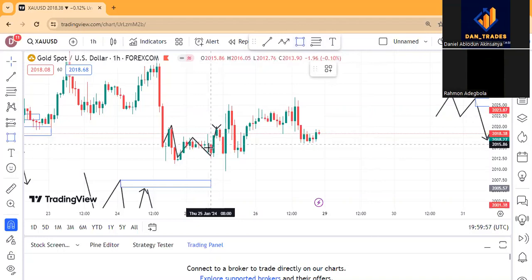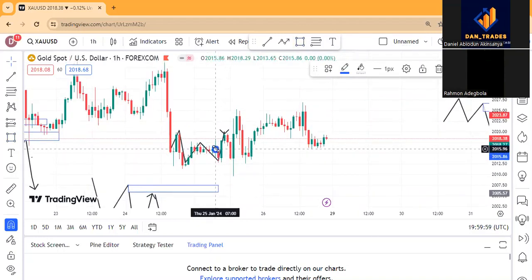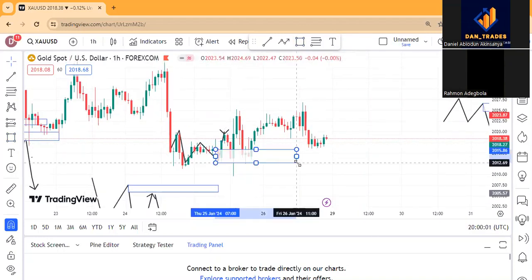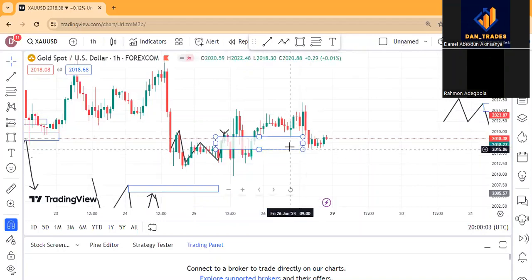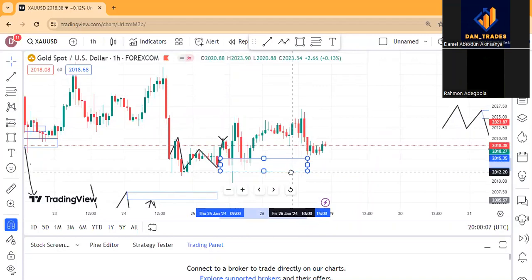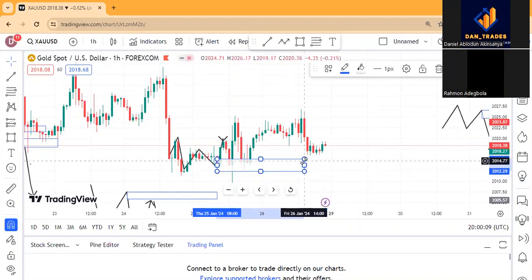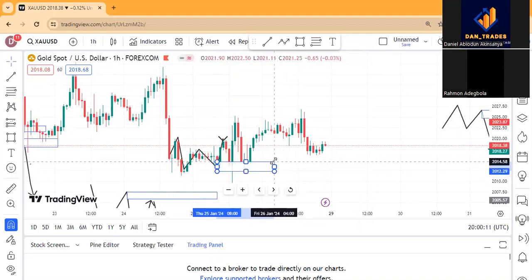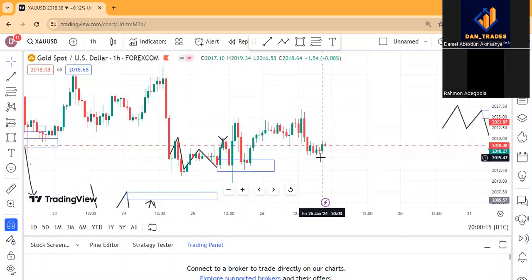This is where your zone will be marked. All this happened within a day. So don't forget that you mark your zone on the 1 hour time frame.